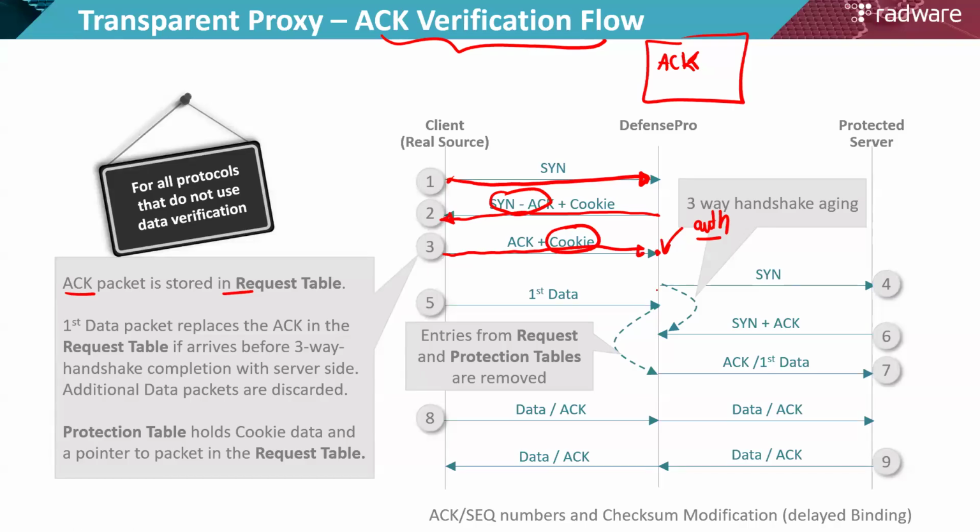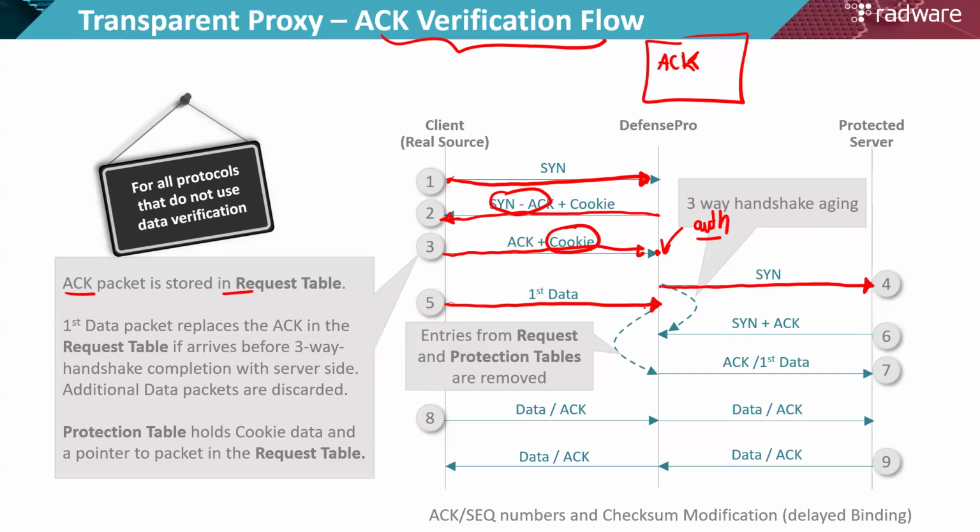Now the client tries to open a backend connection with the real server, the protected server. It sends a SYN message. Before the three-way handshake could complete, the client has already sent the first data.